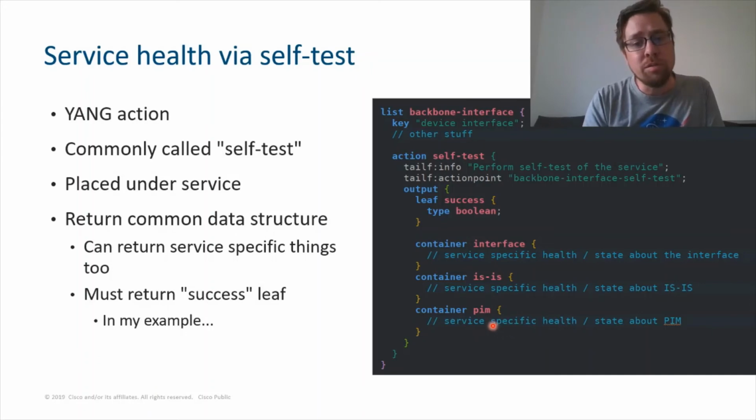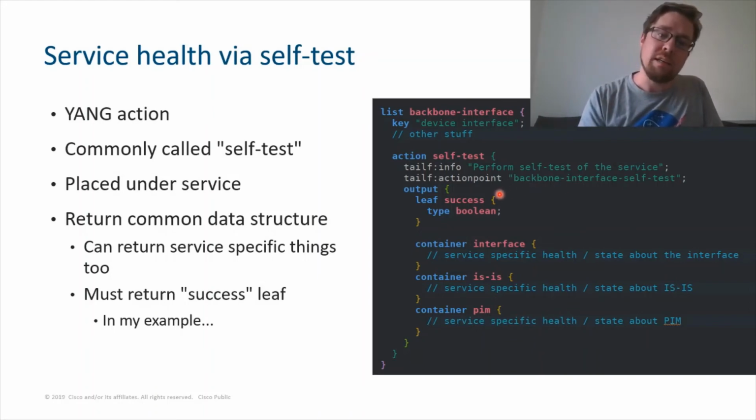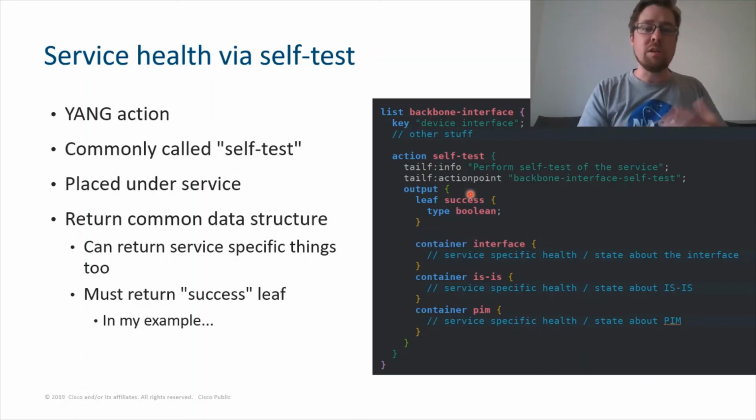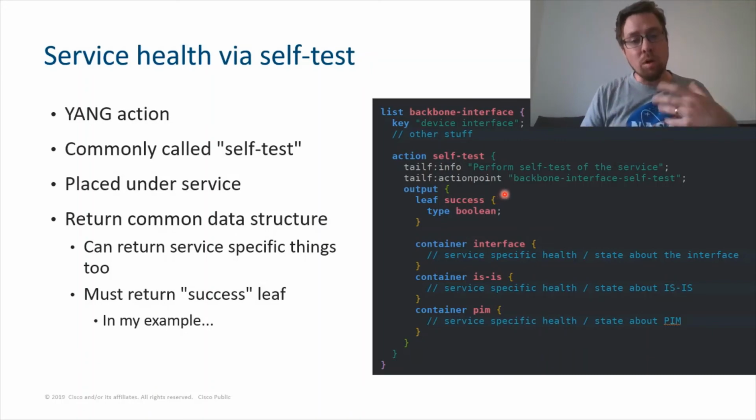But in order to read these out, you have to be aware of which type of service it is. And that's the unique quality of having this common return structure. Because regardless if this is a BGP service or an interface service like this, we're always going to get that success leaf. So we don't actually have to understand what type of service it is in order to know if it's healthy.